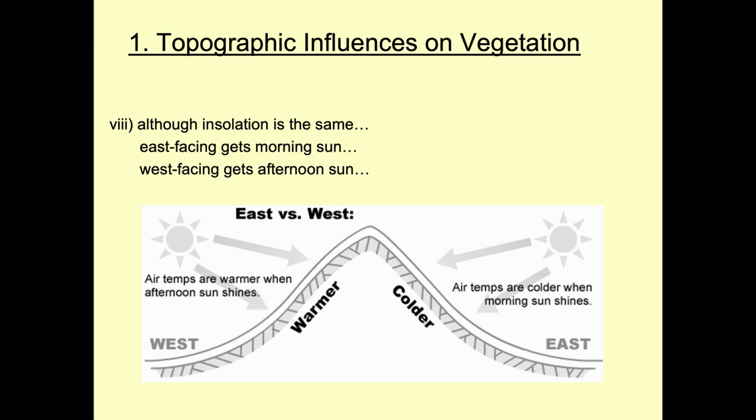So why would the western side have a drier slope than the eastern side? This is because the sun actually rises in the east and sets in the west.